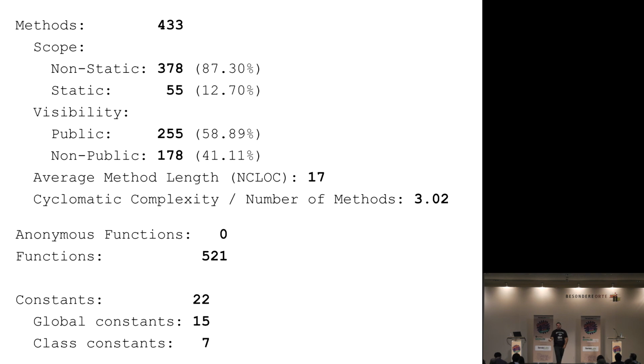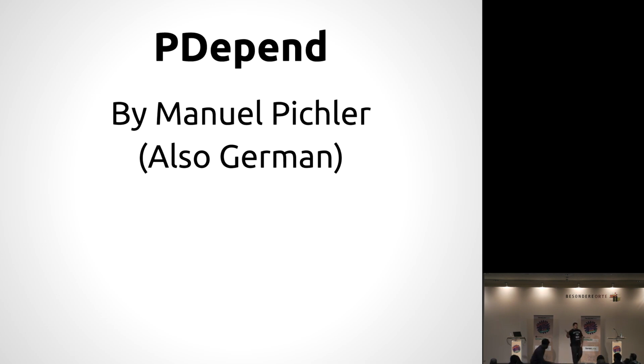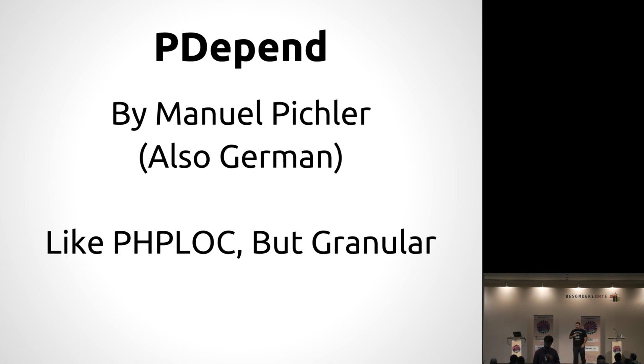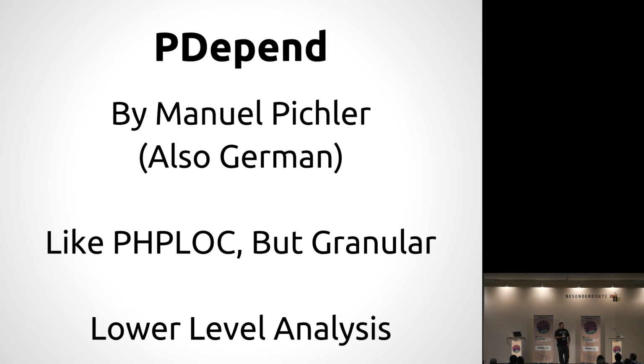This is really powerful. But once you're into the project, it starts to become a little bit less useful, right? Because once you start knowing the project and understanding these files, why do you need this? Well, there's another tool for that, pdepend. This one was built also by a German, not by Sebastian. It's like PHP LOC, meaning it gives us the same information, but on a per method level.